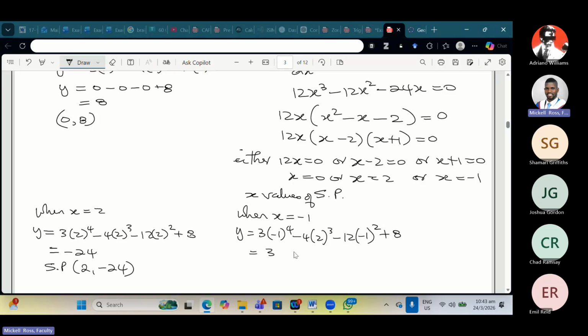I wrote a 2 here. So this is going to be 3 plus 4 minus 12 plus 8. So that means the stationary point is going to be negative 1, 3.